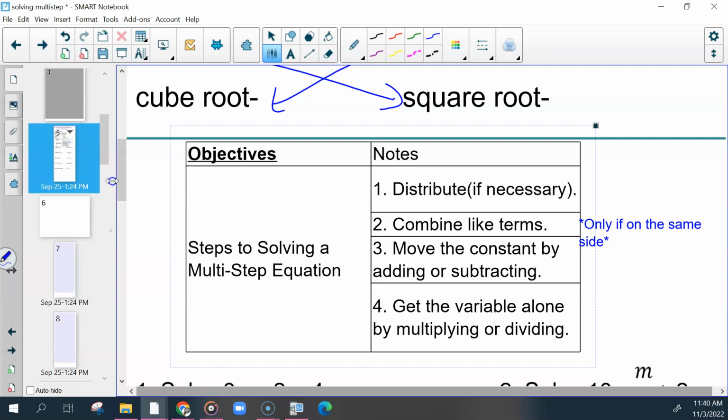This is like your rules to fall back on. If you're not sure, where do I start? Look and see, do you have parentheses? Can you distribute? If not, move on. If you have like terms, see if you can combine them. If not, move on. Your goal is to get the variable by itself. So we're going to do that by either moving the constant, adding or subtracting, or whatever the problem says. And then usually the last step is multiply or divide to get the variable by itself.